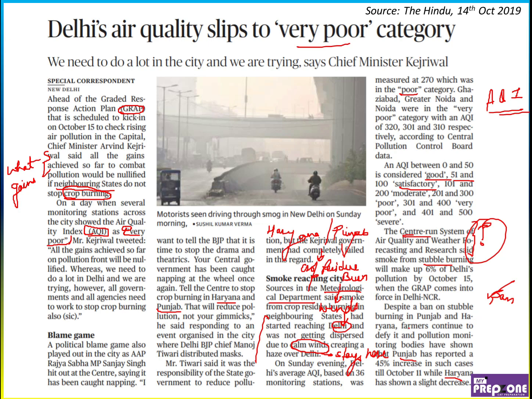Now, you see, there is a ban already in place, but the ban is not being honored by farmers. There could be reasons why farmers are not honoring the ban, right? When we ponder, it becomes very cost efficient for farmers to burn the stubble instead of removing it, because removal takes a lot of money, and the government subsidies being provided are not enough, so they resort to not using their own money for it.